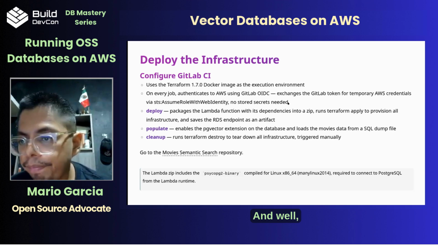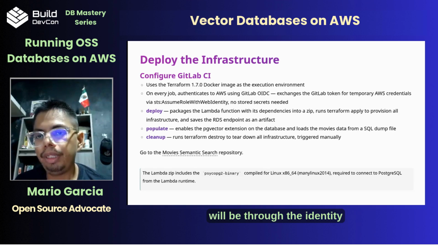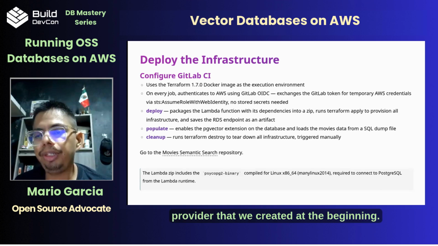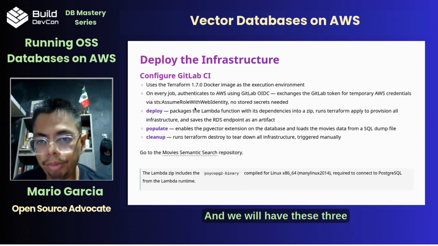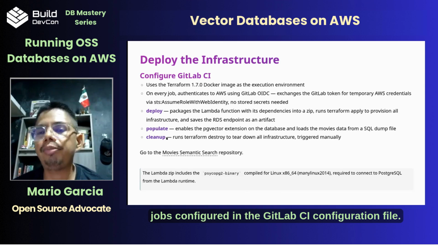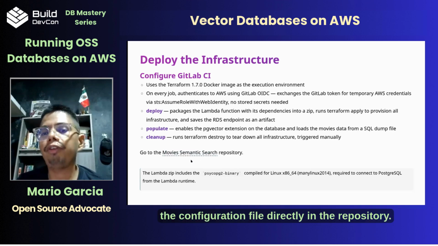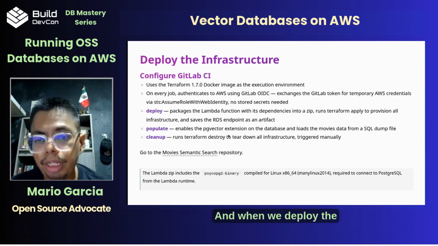And the connection to AWS will be through the identity provider that we created at the beginning. And we will have these 3 jobs configured in the GitLab CI configuration file. You can check the configuration file directly in the repository.